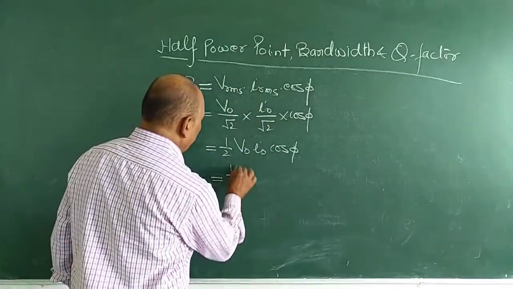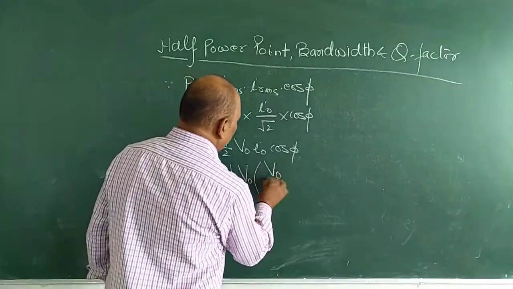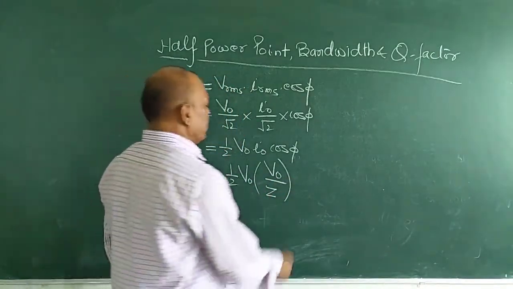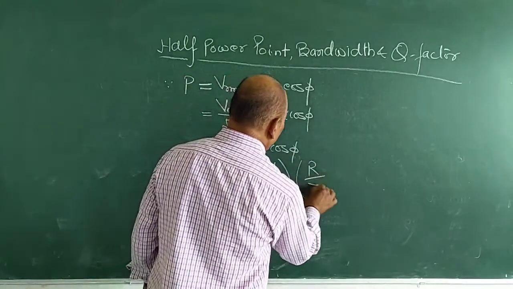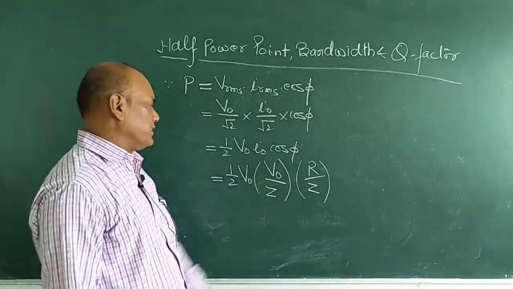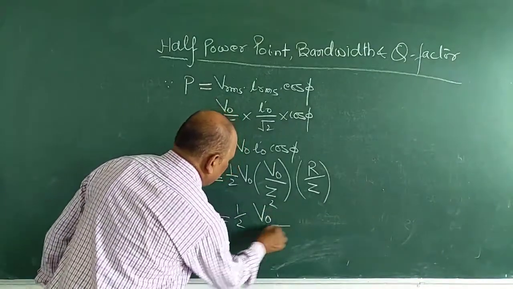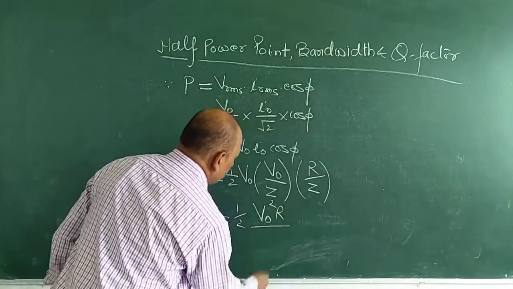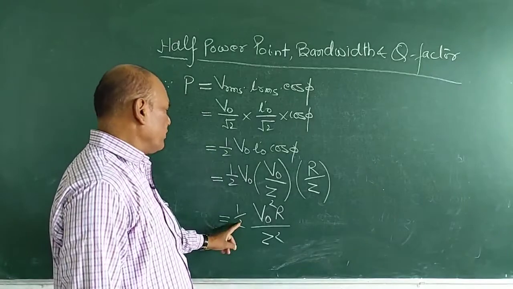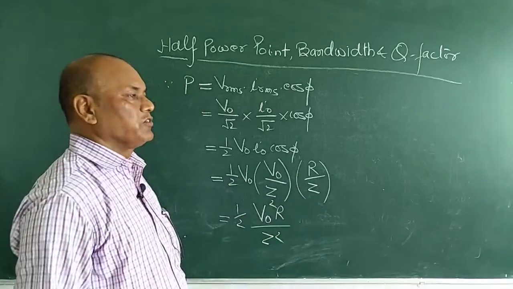In place of I0 we can say V0 by Z, where Z is the impedance of the circuit, and cos phi is R by Z. You know this formula, cos phi is equal to R by Z. So P is equal to half V0 square R upon Z square.